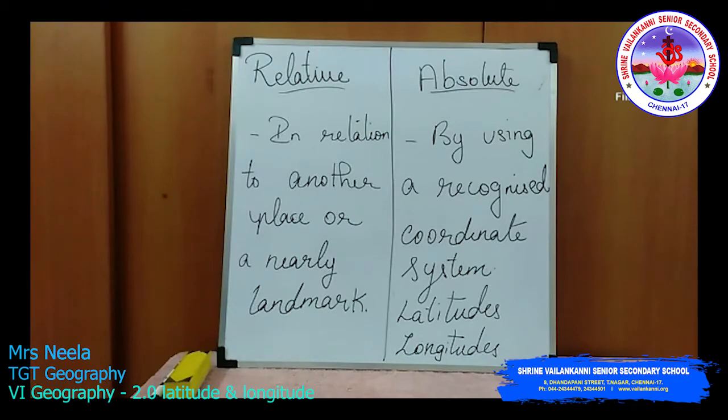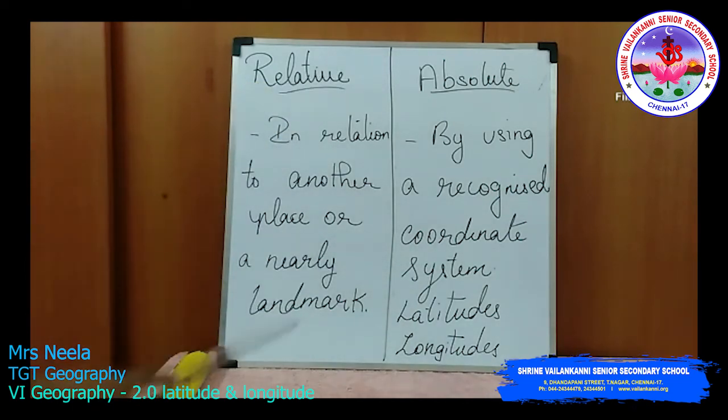Just now we saw the points of reference on a globe, that is the axis and the equator. We saw how places are located, and for that we need to know in detail how we do the location. It is divided into two forms, the relative location and the absolute location.